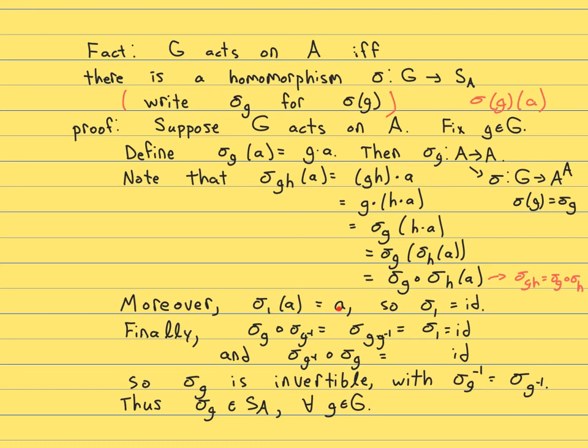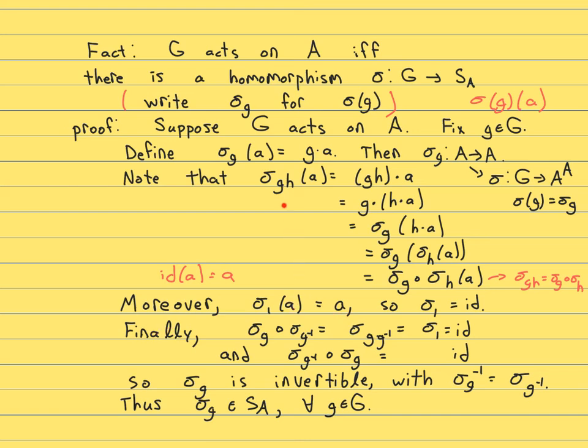Moreover, because 1 dot A is equal to A for any group action, we see that sigma 1 of A is always A. In particular, sigma sub 1 is the identity function. And the identity function, we will recall, is the function that always just sends an element to itself.